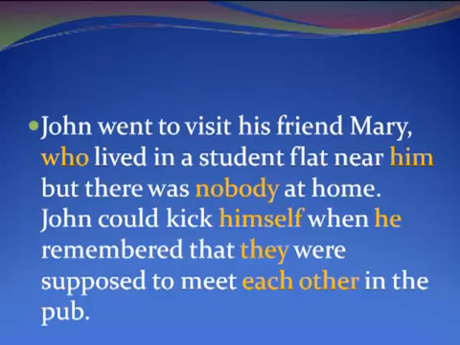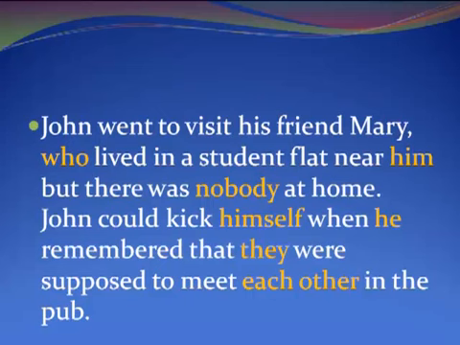Mary lived in a student flat near him, so that's a relative pronoun. And then we've got him, that's of course accusative case of third person singular masculine, so it's a personal pronoun. There was nobody at home, nobody, one of these indefinite pronouns.